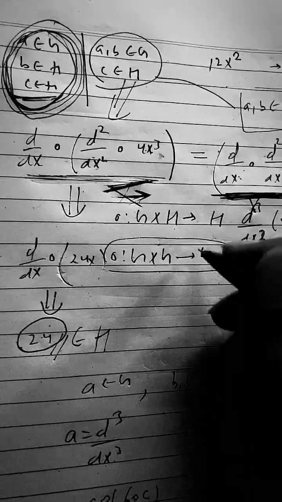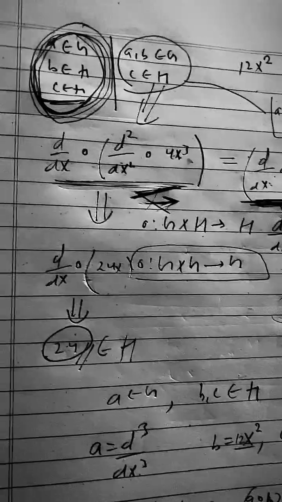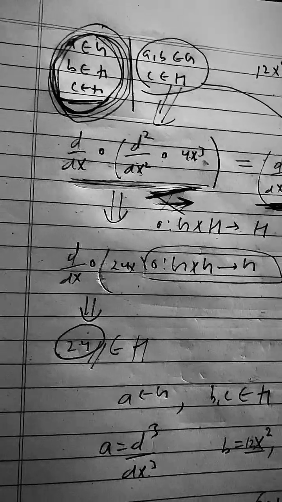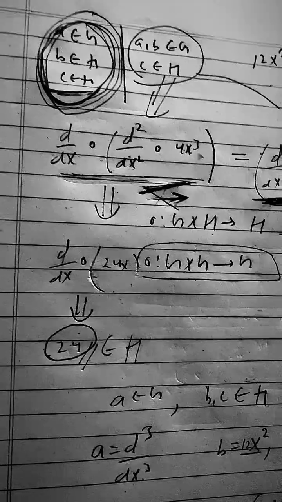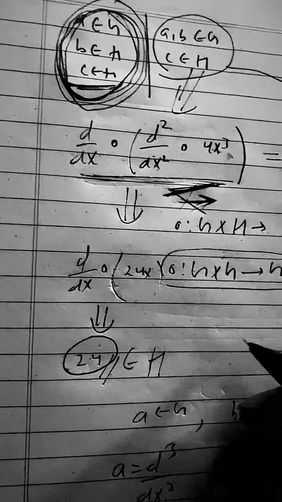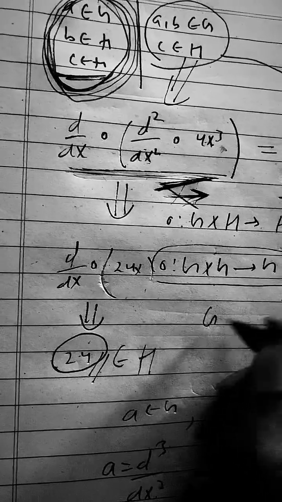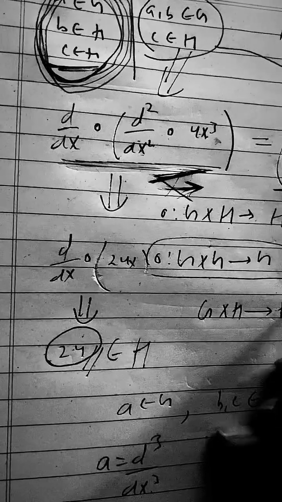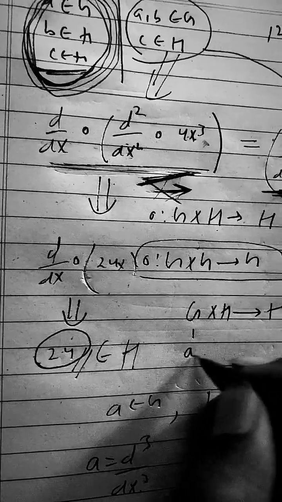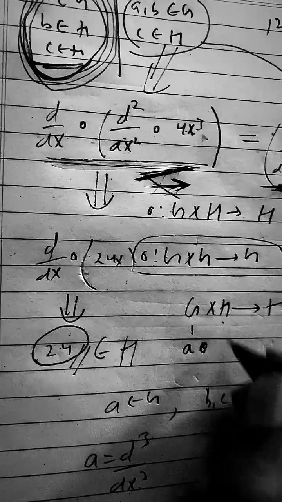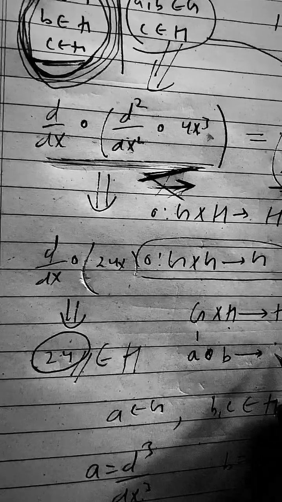What about identity? Well, there is identity. And what is identity? Identity should take an element from G and cross H, and we should get H. So an element from G, operating with an element from H, should give an element.